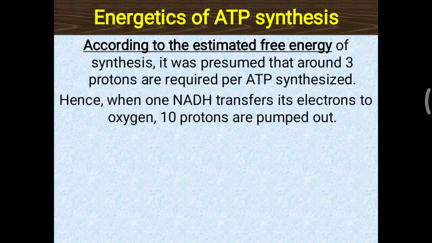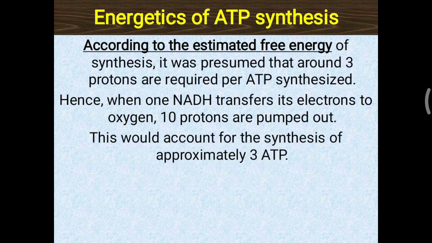Hence, when one NADH transfers its electrons to oxygen, starting at complex 1, then passing to coenzyme Q, then complex 3 pumps out 4 protons again, and complex 4 pumps out 2 protons. So 4 plus 4 plus 2, a total of 10 protons are pumped out. This would account for the synthesis of approximately 3 ATP.